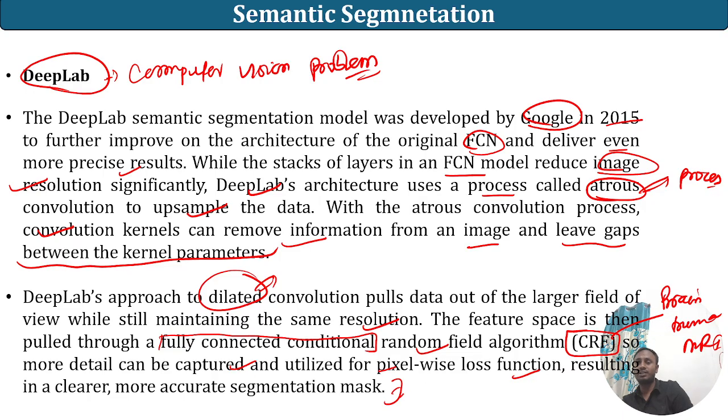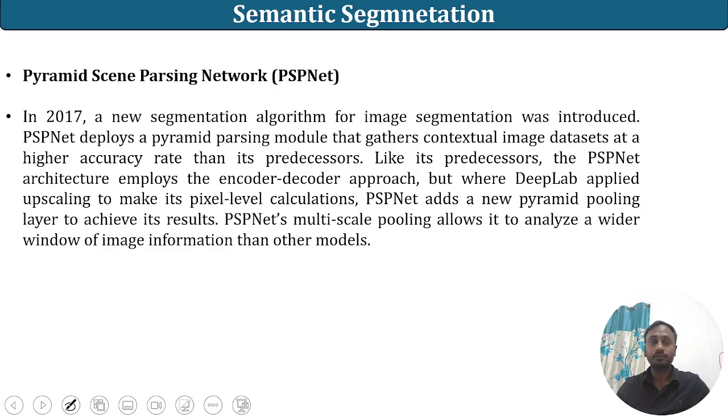So DeepLab is actually going to do the dilation, and after that it will go through the fully connected layer with the random field algorithm, so that we can get each pixel with those functions also. Then they'll give clearer, more accurate segmentation results.